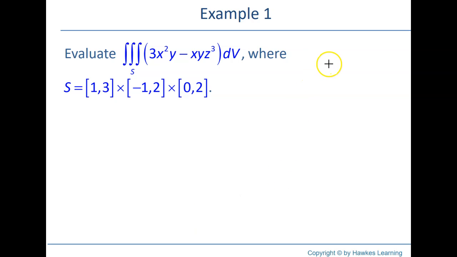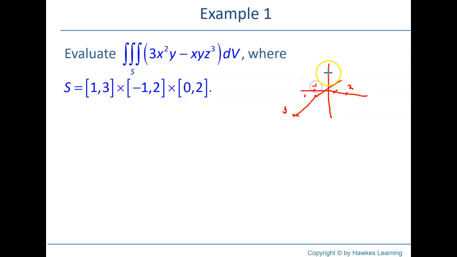So again, if you're looking at our space, there's our x, y, z. So we're going from 1 to 3 for x. X, that's usually what's coming out at you. Alright, and then we are going from negative 1 to 2 in the y direction.